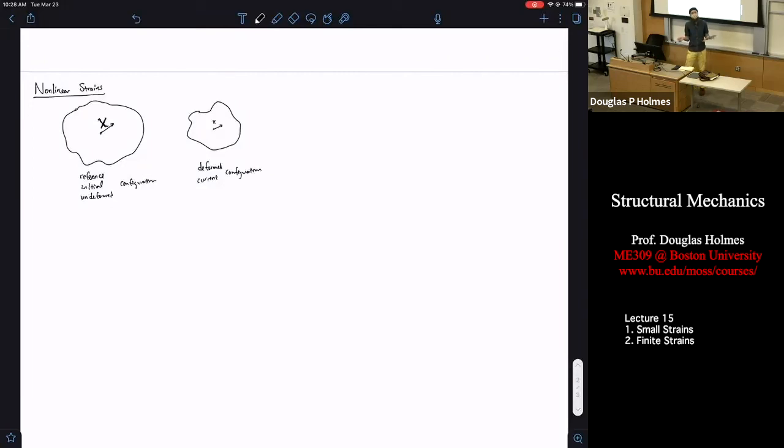And the deformation gradient is exactly that. It's a gradient of how things deformed when you map your material points from big X to little x.